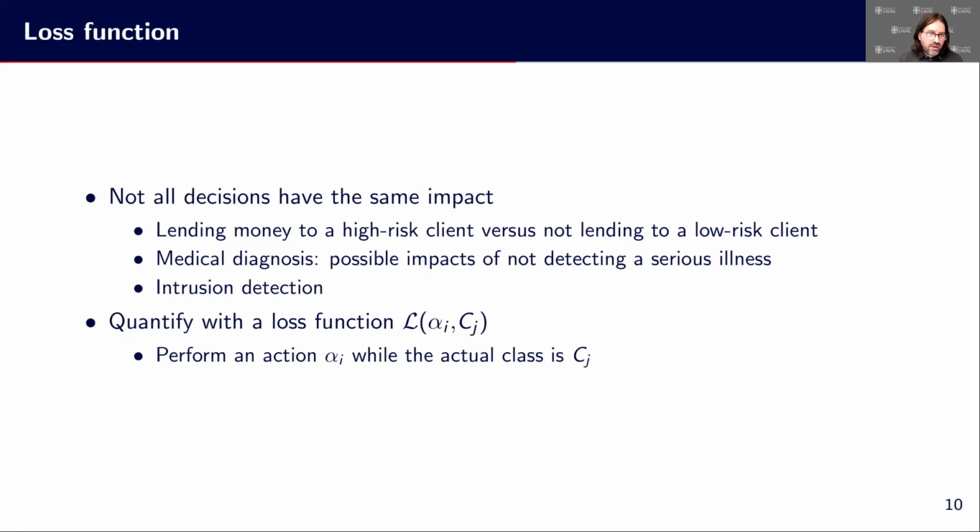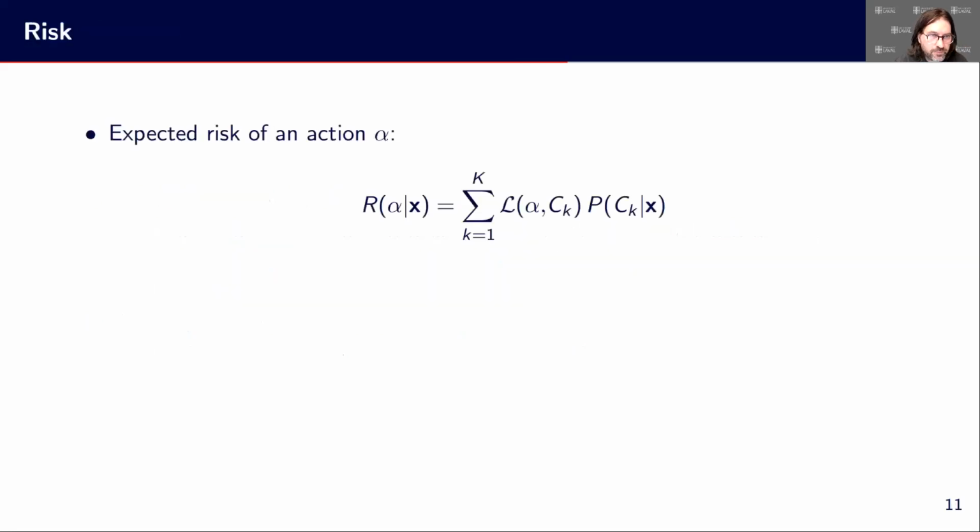So the action is alpha i. This is the decision we are making, while the real class is Cj here. So we are looking at the fact that we are maybe making a wrong decision alpha i that may be different from the real class Cj.